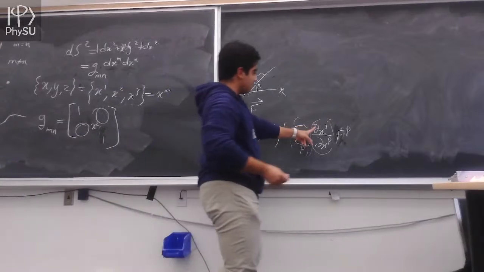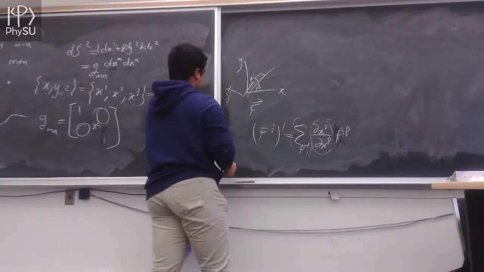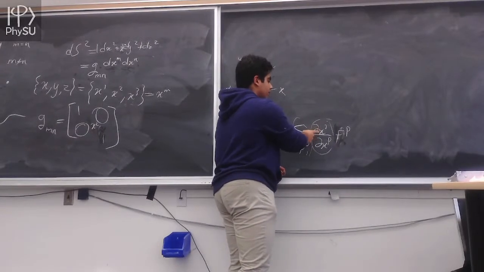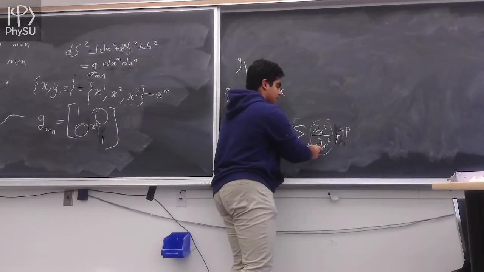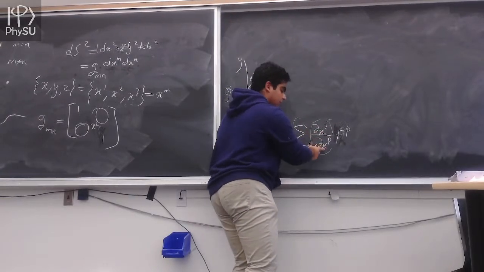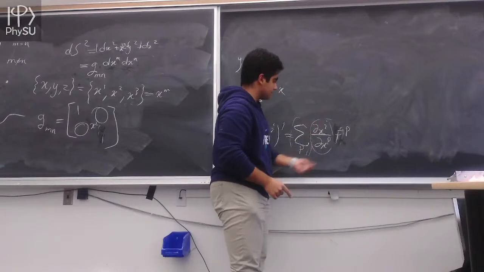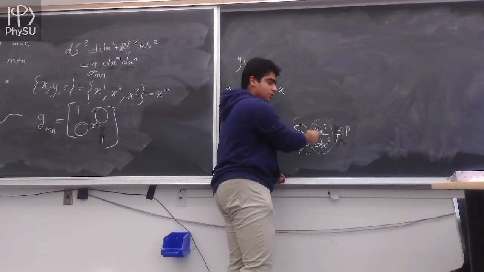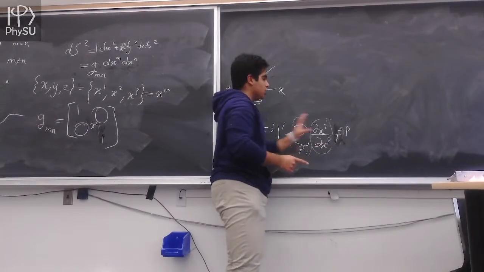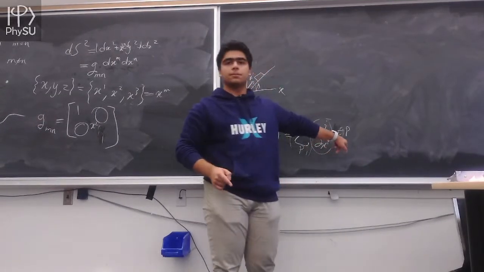All this is saying is, if you recall that transformation rule, take the derivative of x prime with respect to x, plus take the derivative of x prime with respect to y, plus take the derivative of y prime with respect to x, take the derivative of y prime with respect to y, and you multiply those by the components of the vector.